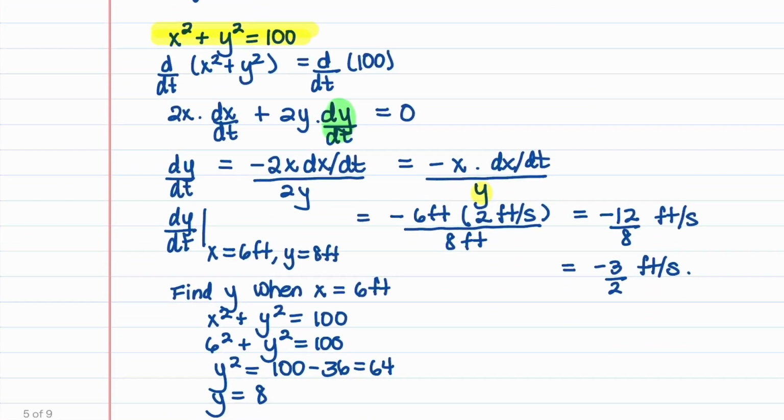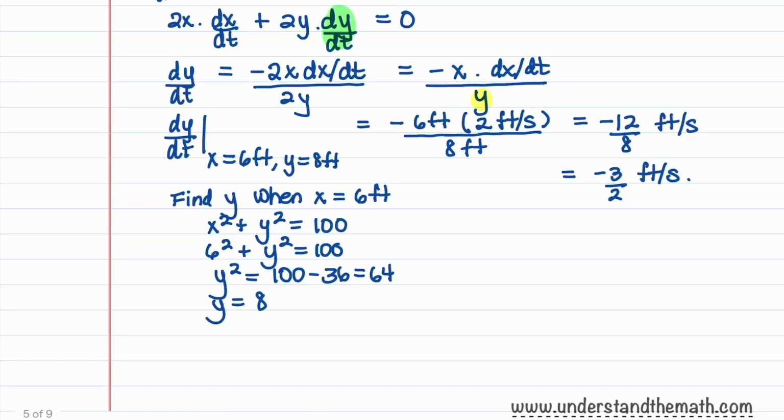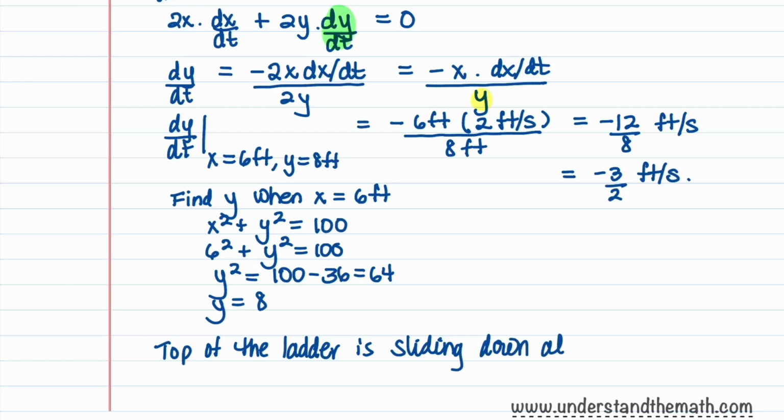So in our answer, we need to not write the negative and instead just say that the top of the ladder is sliding down at 3/2 or 1.5 feet per second. And I'll go ahead and highlight that answer.